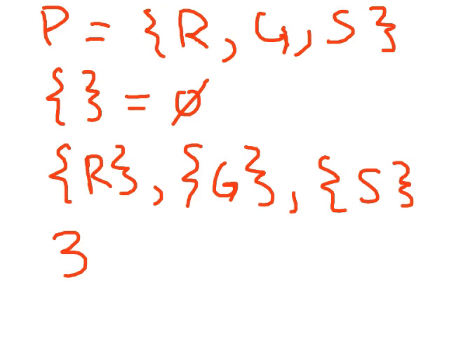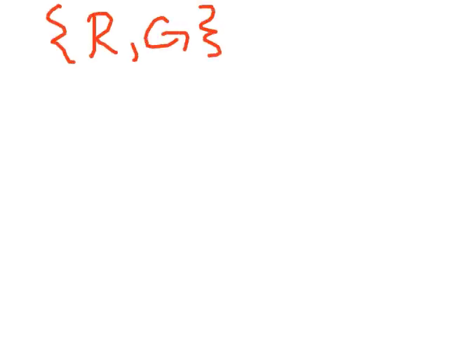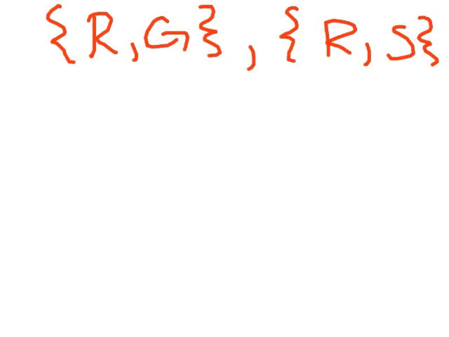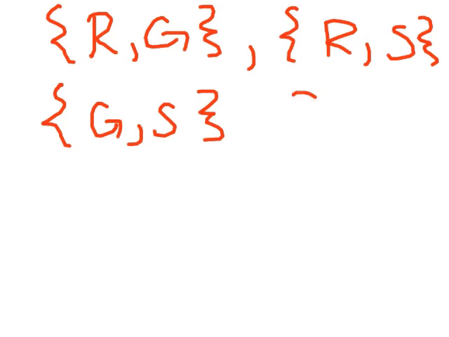Next, our next option is that exactly two of the candidates hold their promises. So either Romney and Gingrich hold their promise, or Romney and Santorum, or Gingrich and Santorum. So this is another three possibilities.